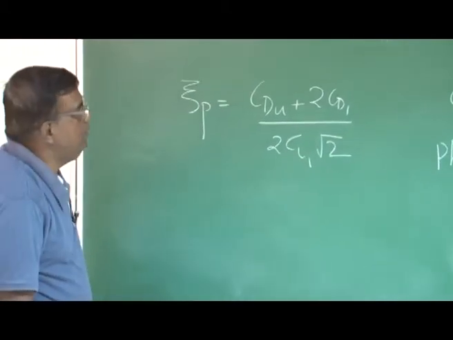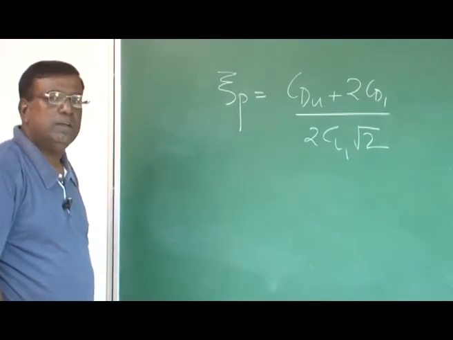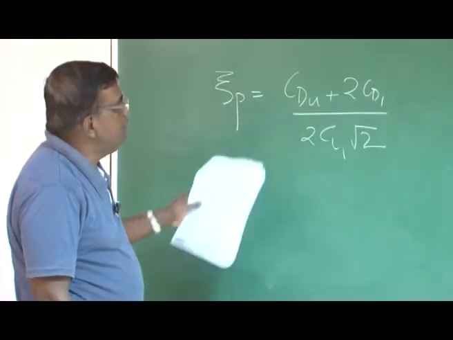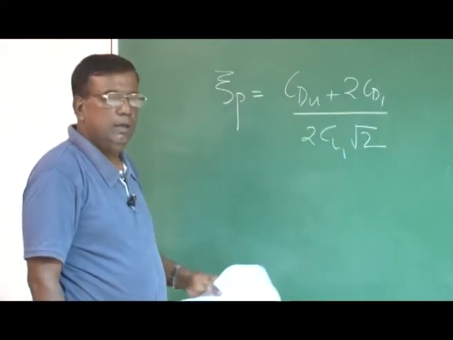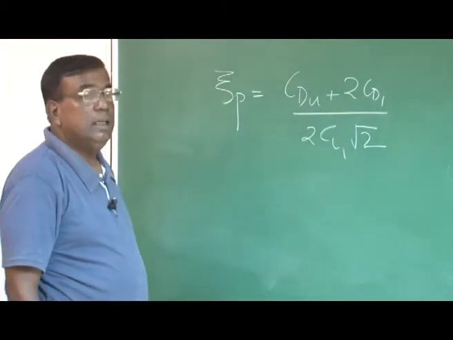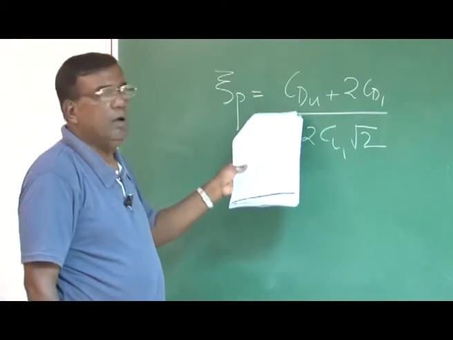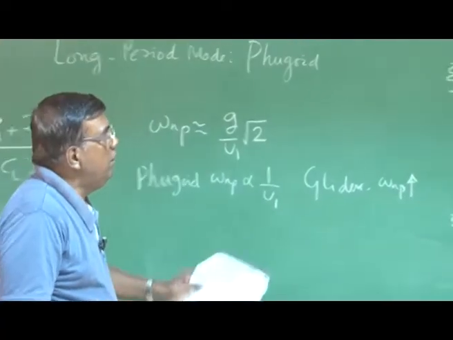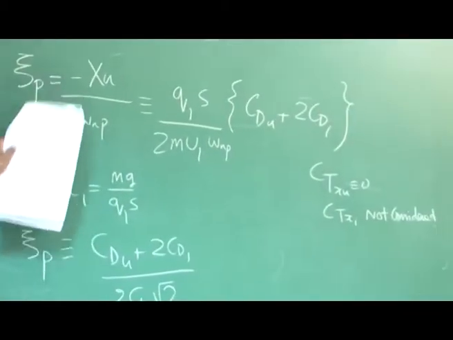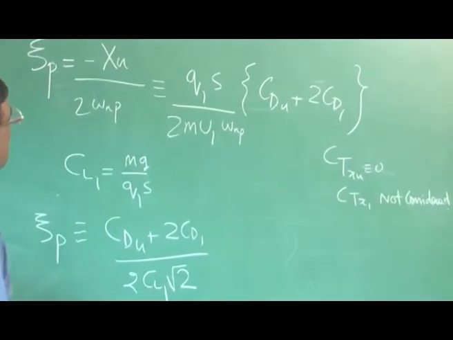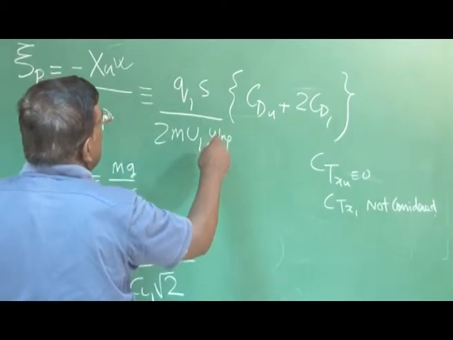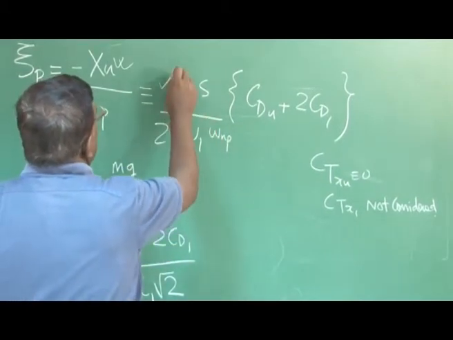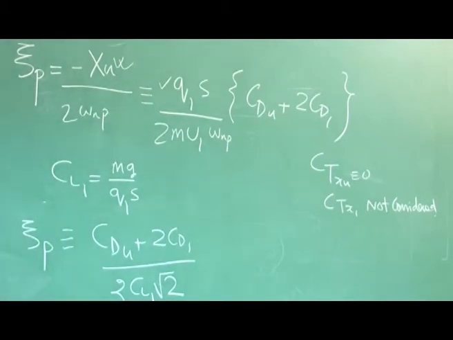What next I should do as a designer to get some first hand feel? I'll immediately see CDU will be less compared to 2 CD1, number one. I can also think at subsonic speed CDU will be almost 0. The expression for damping ratio Phugoid is minus xu by 2 omega np, and we substitute the expression of xu here, then you get the expression for zeta p as this.